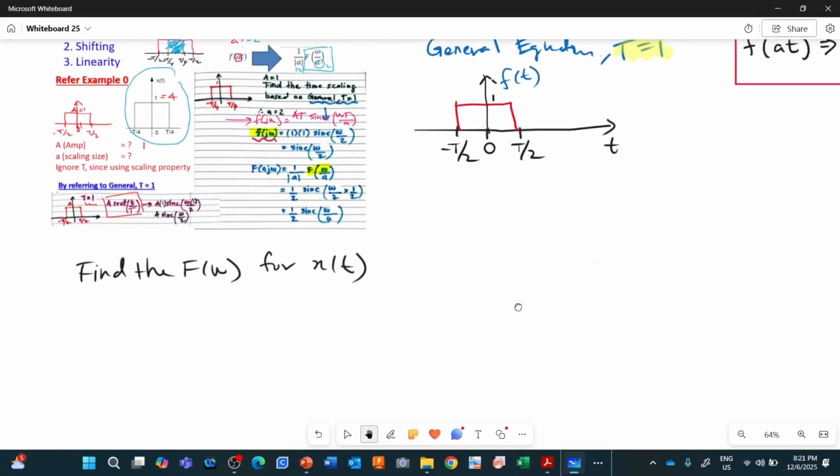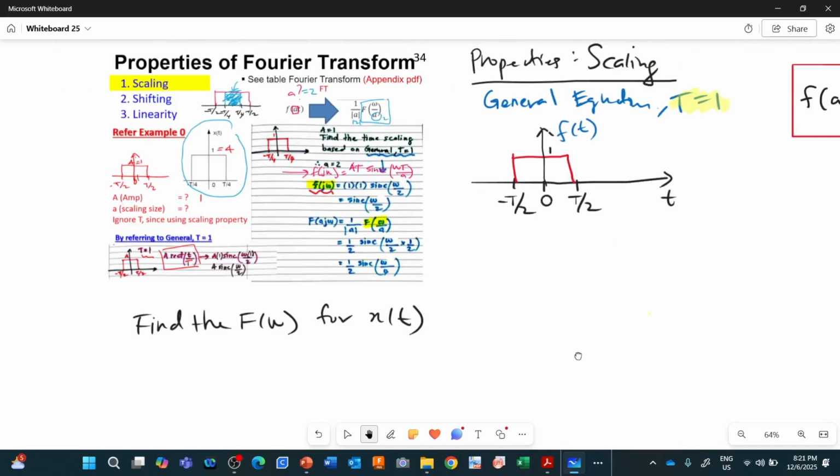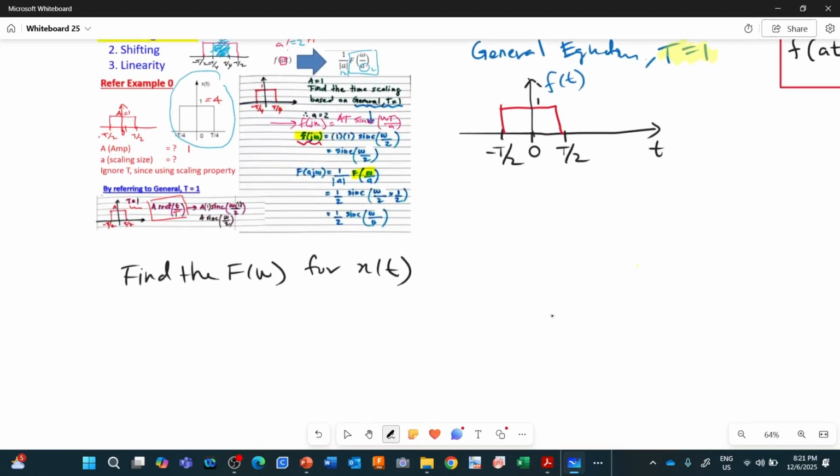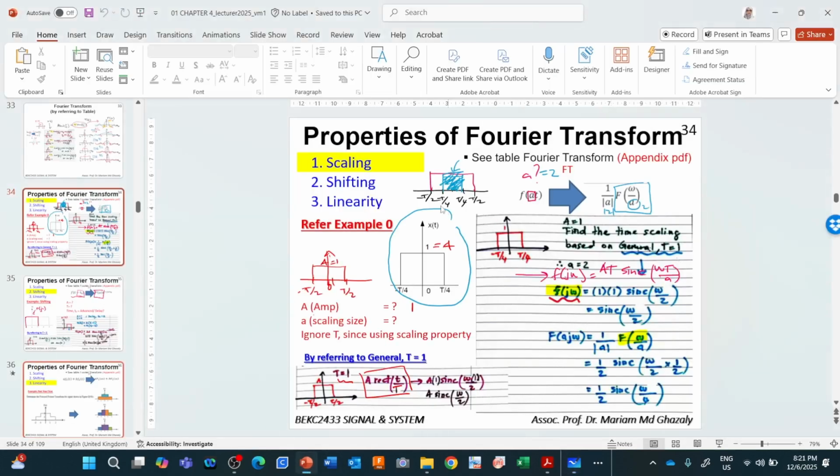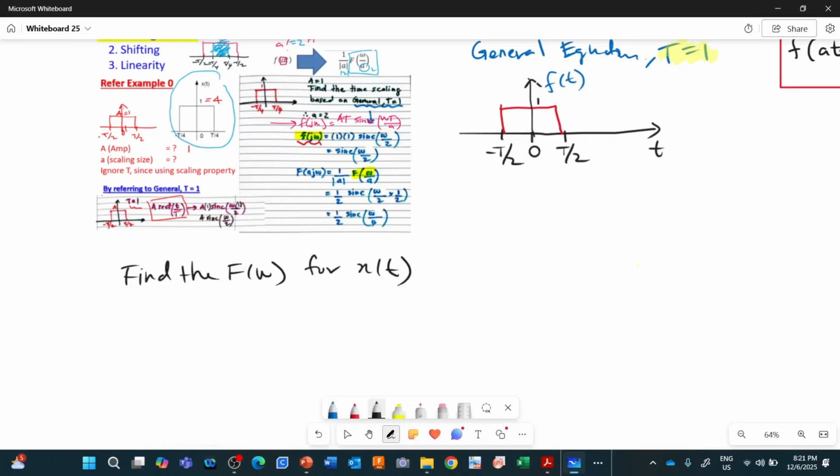So x(t) is a bit different from the general equation. What's the difference? If you look at here, this is the question. You need to use this x(t) and find the scaling factor in this term. So just draw it out first: 0, minus T over 4, T over 4. The amplitude is given as 1. So this is signal x(t).